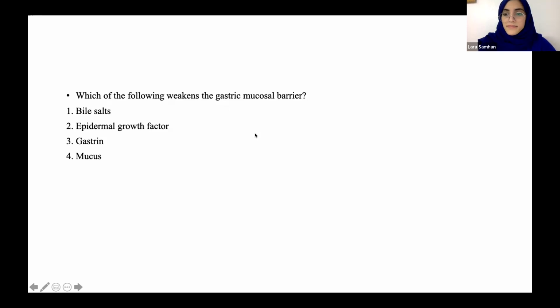Okay, is it clear? And as we agreed before, the stomach pH is usually low because it's acidic, compared to the small intestine, which has a high pH because it's more of an alkaline environment. Okay, is it clear? Okay, perfect.